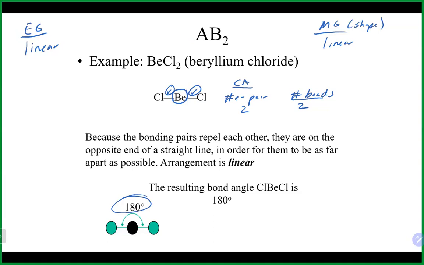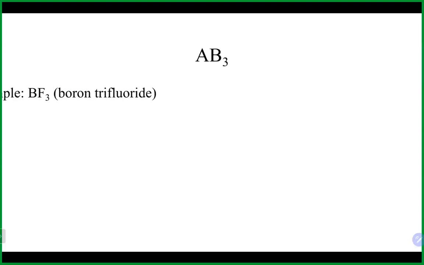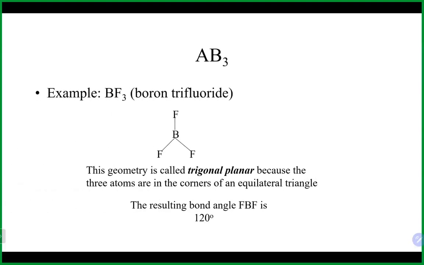The next geometry is one where we have a central atom and 3 things attached, like our boron trifluoride, also an exception with an incomplete octet. Looking at the central atom, which is boron, the number of electron pairs is going to be 1, 2, and 3.